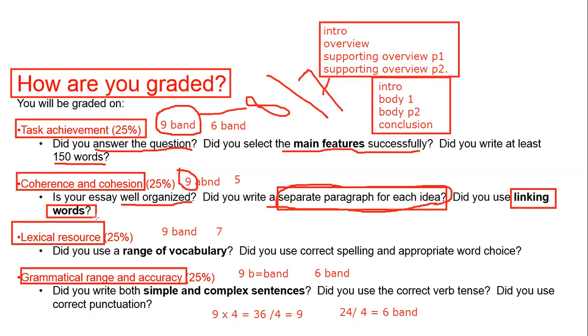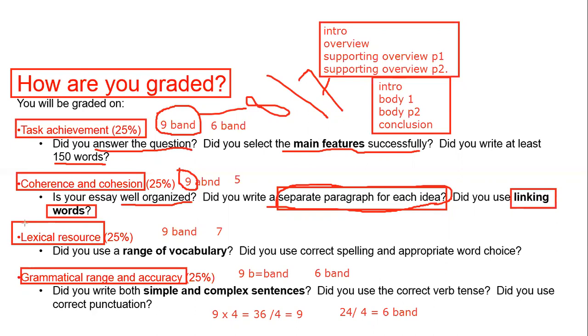For example, if I say because, therefore, moreover, these are additional linking words. I will send you these words, inshallah. You need to understand them and go through them. We will also take one lecture on linking words. If you properly follow all these three things, your marks for coherence and cohesion will improve.